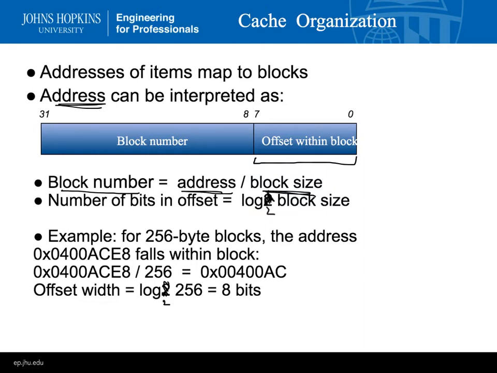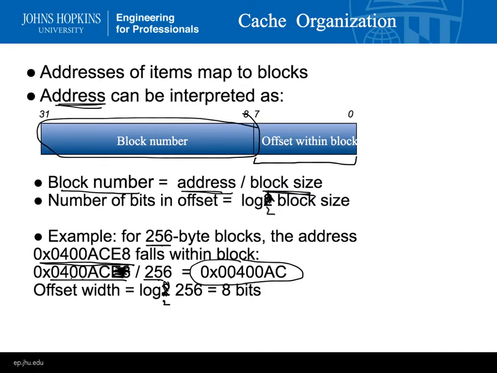If we have 256 byte blocks, and an address is the address of a byte, we divide the address by 256 to get the block number. And look at that, it's just the upper bits. So the upper bits describe the block number, and log 2 of the block size is the number of bits that describe the offset within the block.